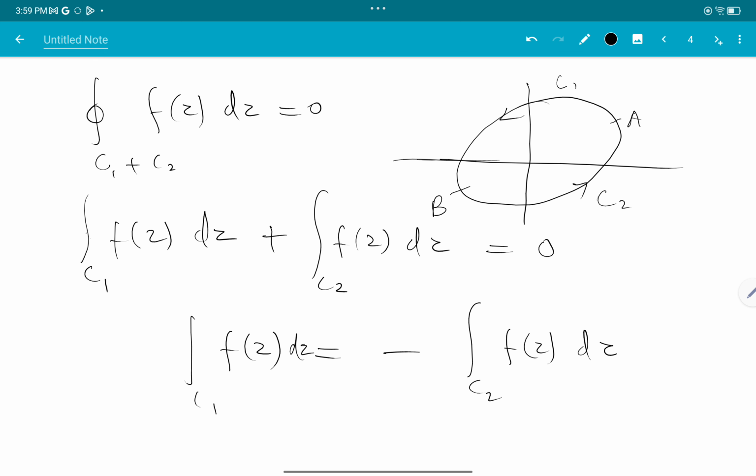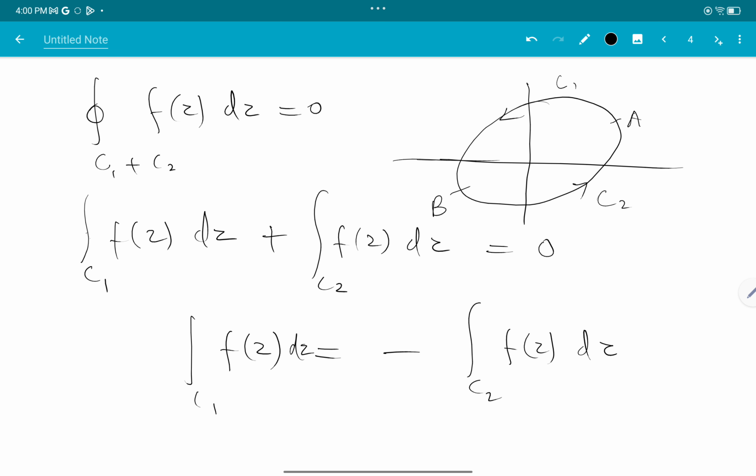Why minus of each other? Because in one, if you go from this to this, you are traversing this path in anti-clockwise direction, and in the other you are traversing it in clockwise direction. As we have already said that we will always adopt the anti-clockwise direction as our normal direction, this clockwise direction definitely is negative.